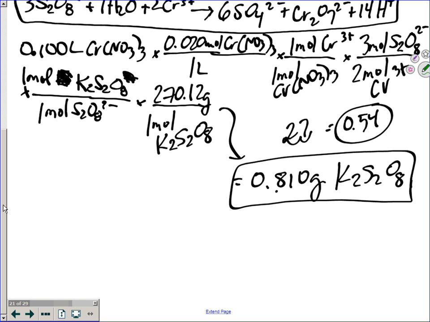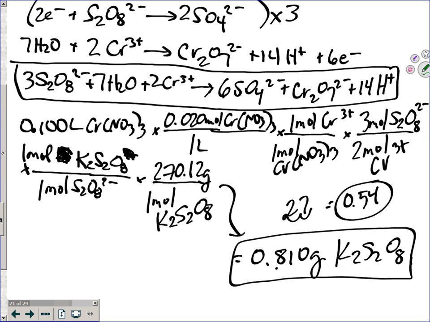Here's what I want from you. You can attempt 1 through 5, but I specifically want you to be able to accomplish 4 and 5. 5 is the best one. Do you guys see that on your problem set? 4 and 5. Okay, so you have 10 reaction predictions and 2 stoichiometry problems. I think the harder part is probably the reaction prediction, because you guys can stoich it up.